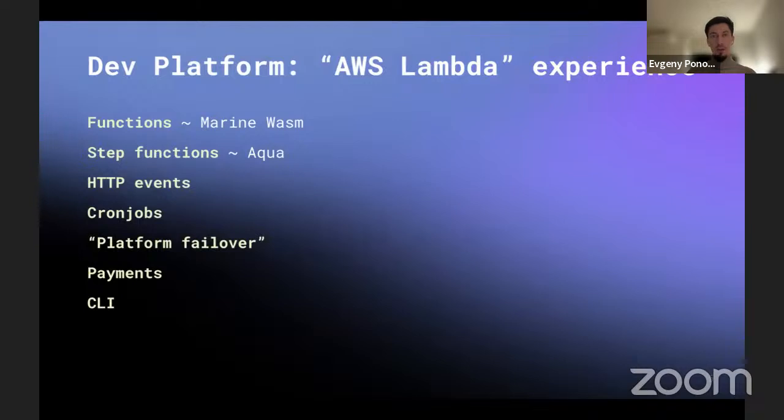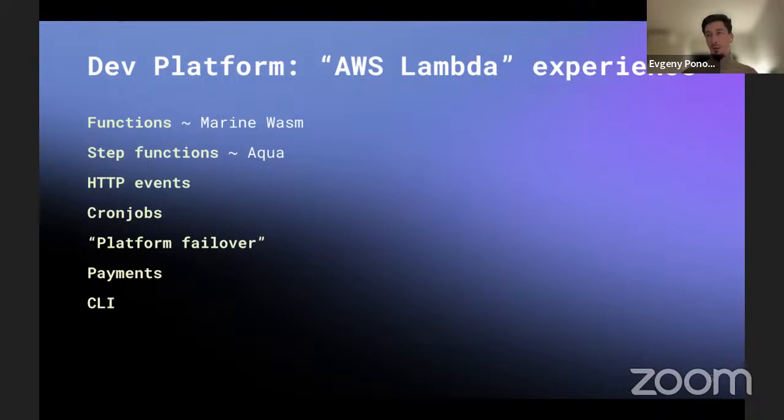So our goal has been to enable a developer experience that is similar to what function as a service provides, like the serverless products like Lambda provide. We have our own stack, but it maps to what you usually have in the cloud and serverless.